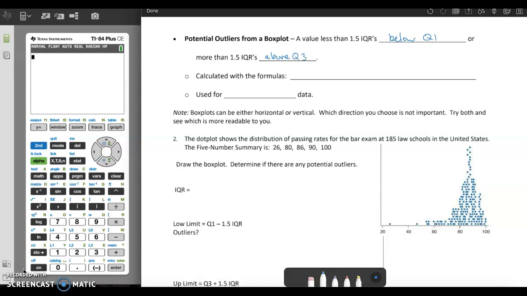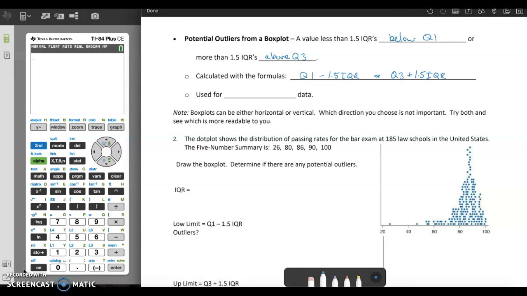So they are calculated with the formulas Q1 minus 1.5 IQRs and Q3 plus 1.5 IQRs. That might seem a little weird right now, but when I show you the calculation in just a second, I think you'll see it's not all that difficult.